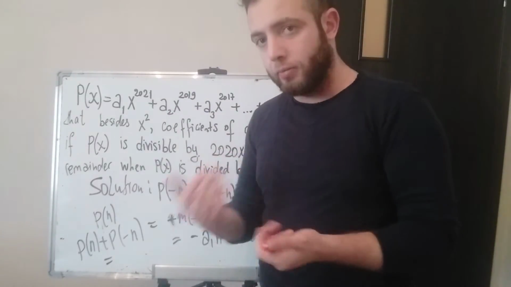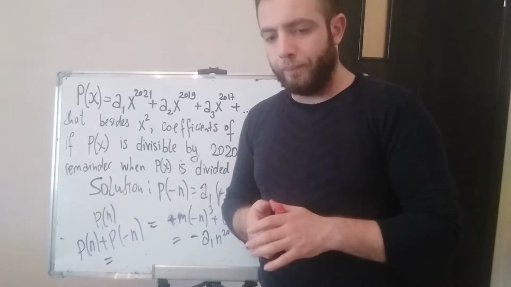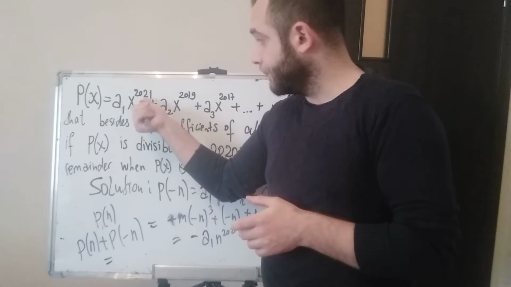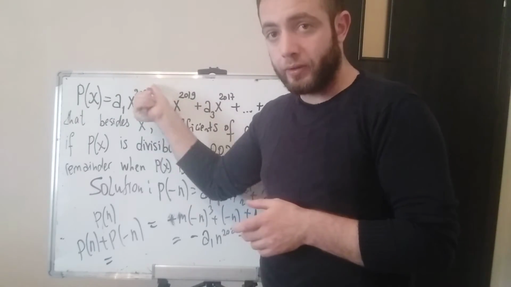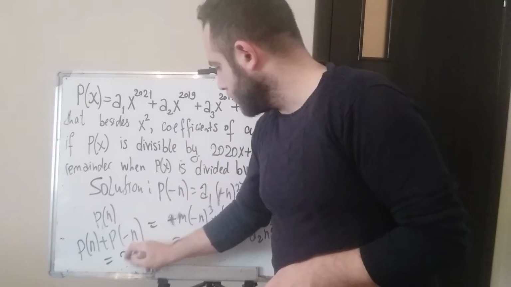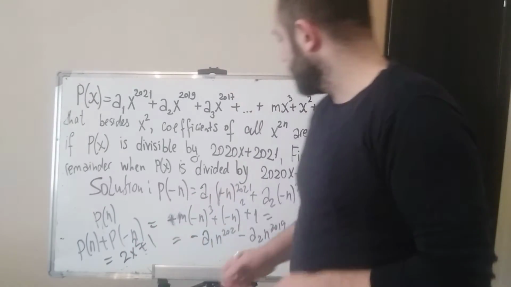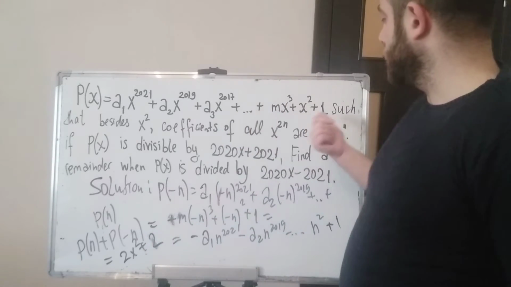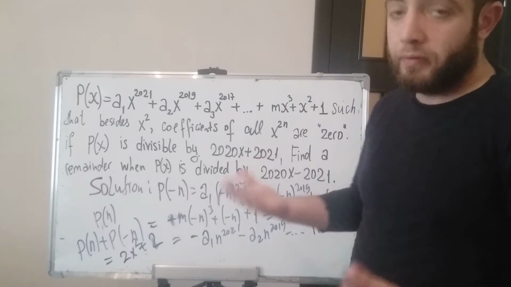So we will eliminate all the opposite sign terms with odd power. In the end we will get just 2x squared plus 2, because in its negative form the x squared and 1 remain the same.